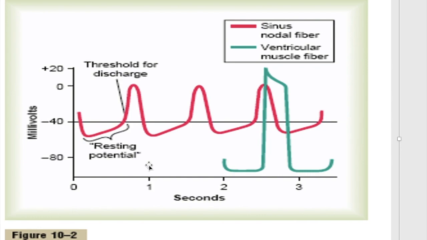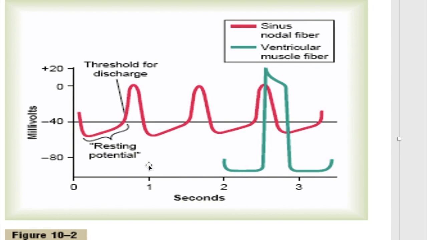Now phase 2 is the plateau phase, right? This phase 2 plateau is due to a slow activating calcium ion current. Whereas membrane repolarization happens in phase 3. So when does the repolarization happen?